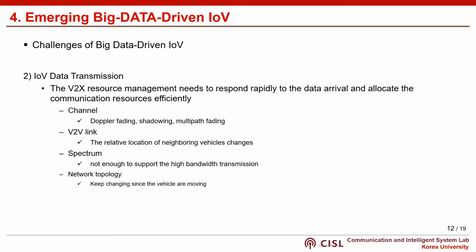The V2P link can be severely interrupted by blockage conditions if the relative location of neighboring vehicles changes. The spectrum allocated for IoV is currently not enough to support high bandwidth transmission. The network topology will keep changing since the vehicles are moving. So those are all the challenging issues about IoV data transmission.